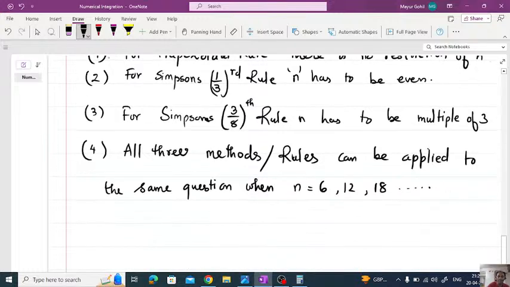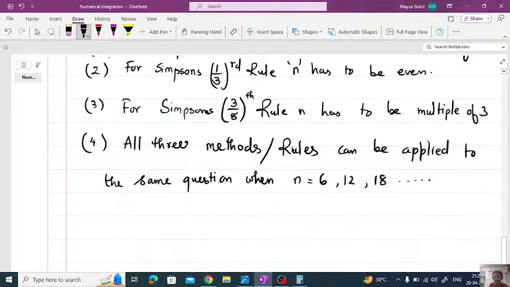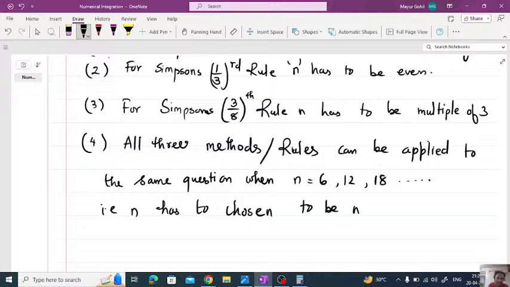So n has to be chosen to be a multiple of 6. This is very important. Please mark this important.